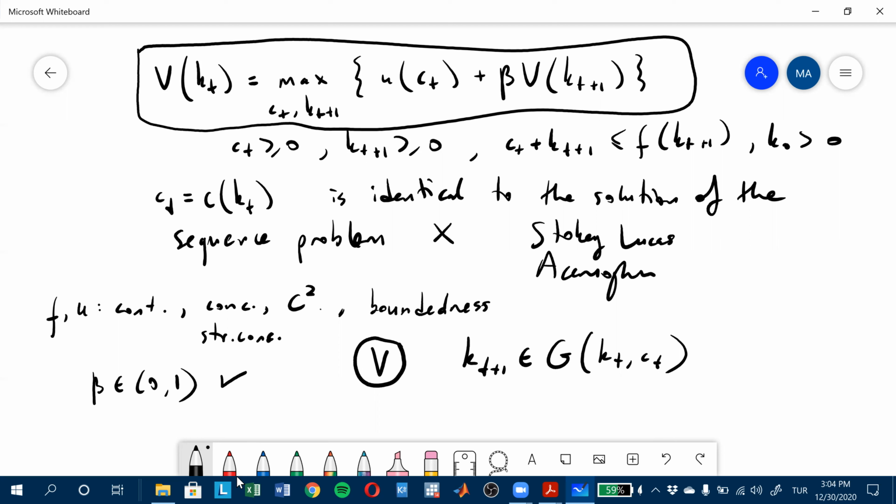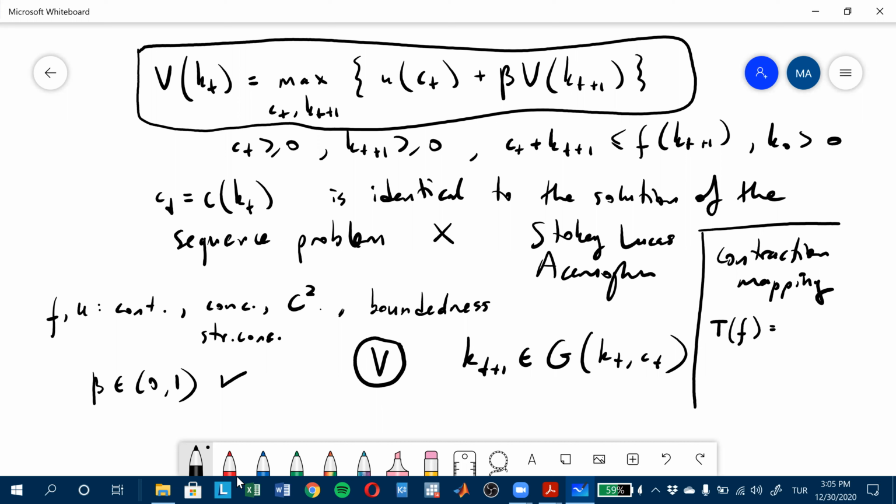Once we write this as a mapping, we want to ensure that it is a contraction mapping. Of course, let's say this is a mapping T, an operator, and this is some function. So given f, that gives you something else, right?